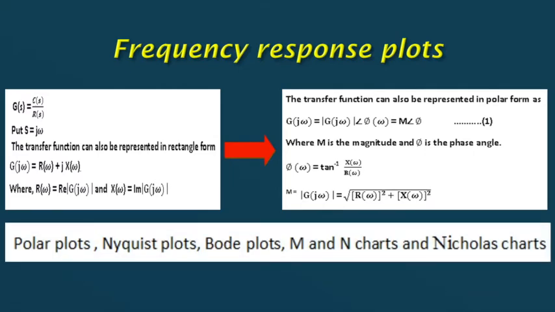As the frequency varies from 0 to infinity, the magnitude and phase angle vary. The graphical representation of the frequency response G(j omega) can be obtained from this equation 1. The variation in M and phi as omega, the input frequency, is varied from 0 to infinity can be obtained by different methods.